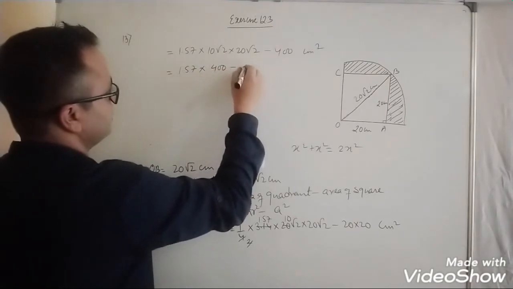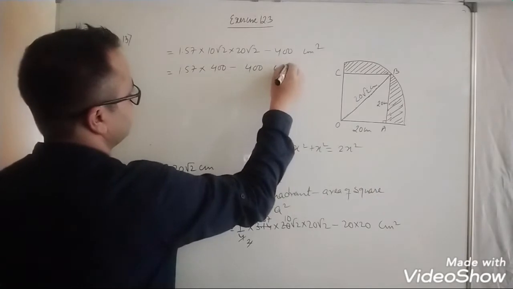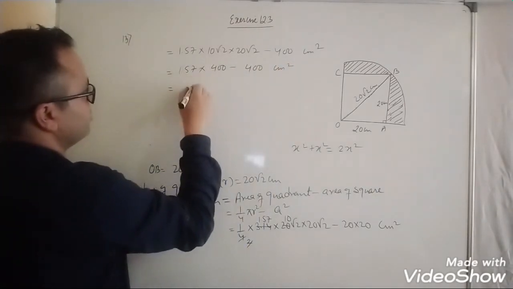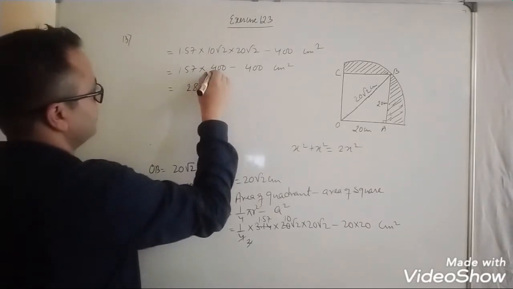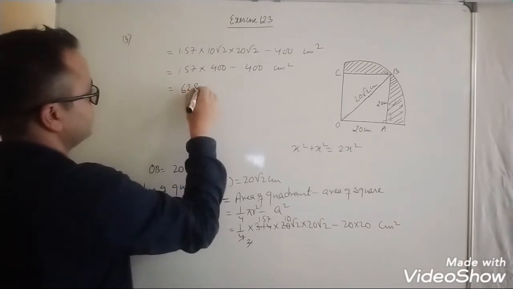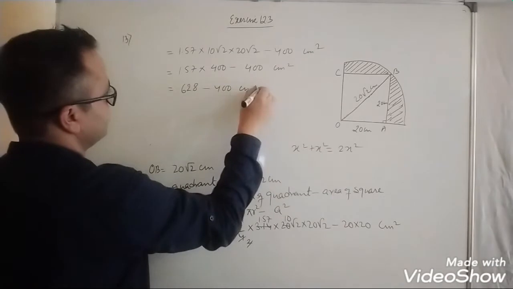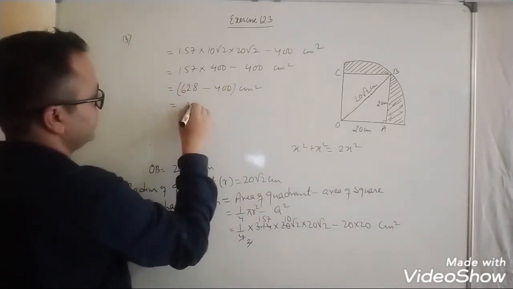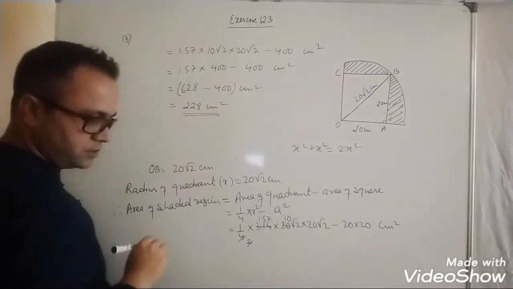So 1.57 into 400 is 628, minus 400 centimeter square, equals 228 centimeter square. This is the answer of question number 13.